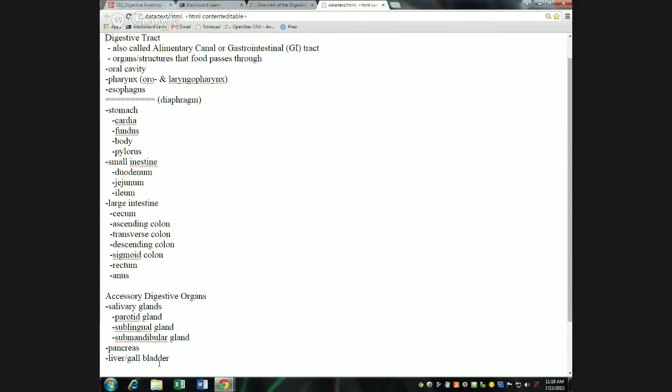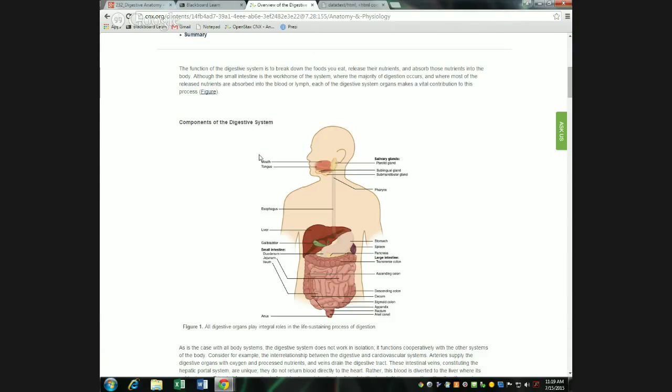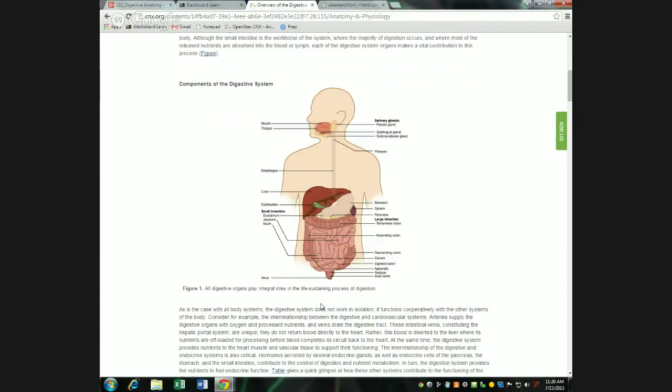We'll talk about some of those things next time, but this is the list of the structures. Now, if you look at the picture here, all of these are labeled. You can follow them through. Like I said, especially with the small intestine, the different parts I pointed out, when we're talking about the functional stuff next time, I'll show you pictures from the book that highlight where they are a little bit better.